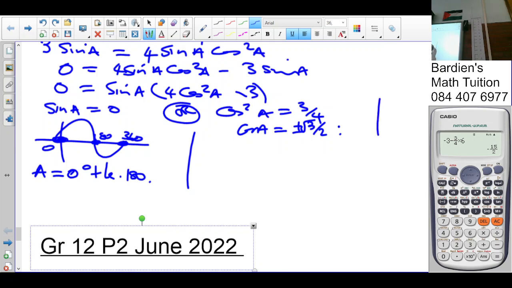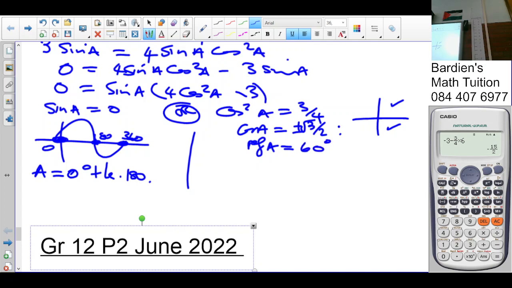So if cos is positive, it lies in quadrant 1 and 4. So my reference angle A is going to be the inverse cos of root 3 over 2, which takes us to the special angle, which is 60 degrees.